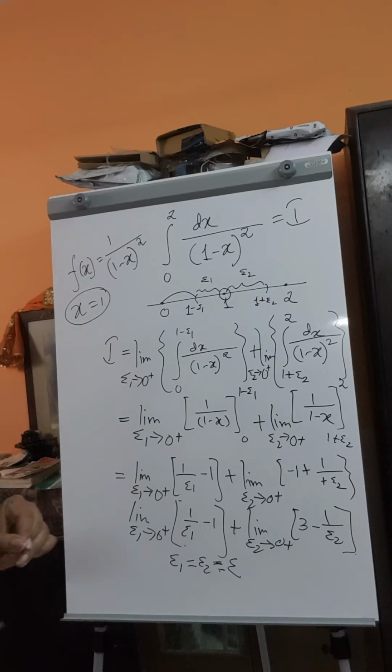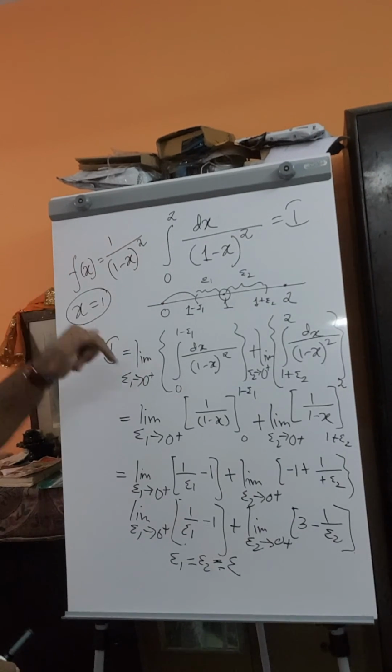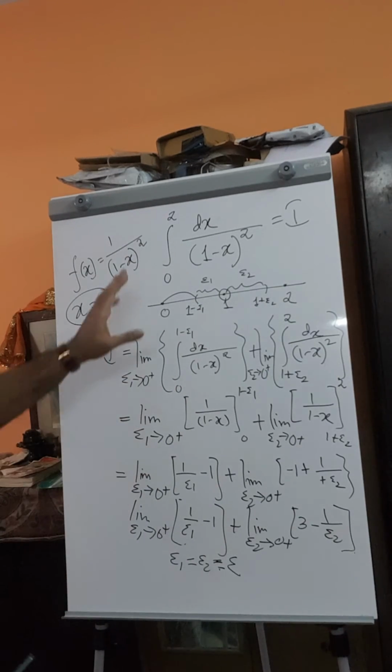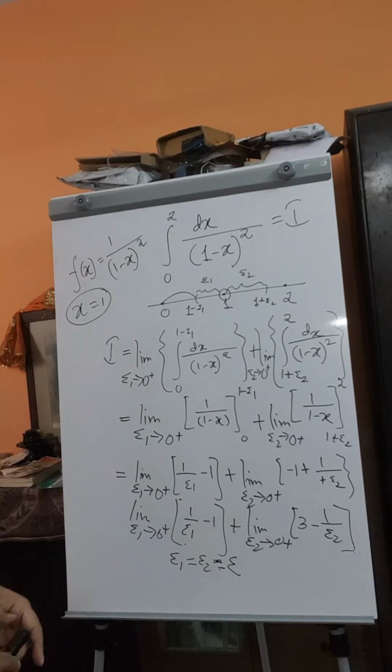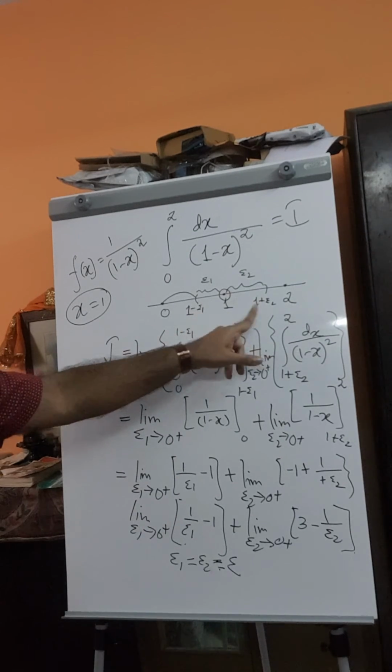But in reality, we shall say the improper integral is divergent, but its Cauchy principal value is 2. So we shall say that the improper integral exists in Cauchy principal value sense, but not in real sense. That is, in general, we are not permitted to take epsilon 1 and epsilon 2 to be equal.